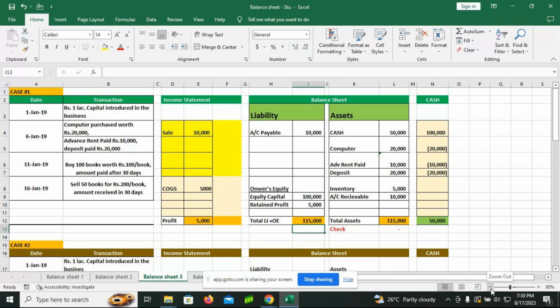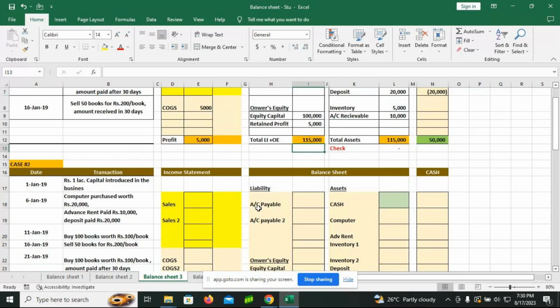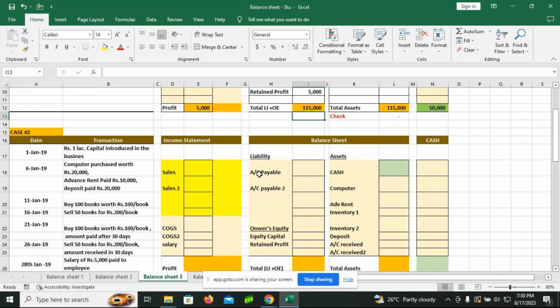Yes, ma'am. Okay. So try solving the second and third sum. The same way only, you have to calculate the balance sheet, income statement and cash flow.